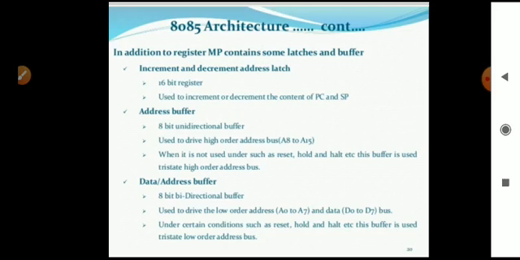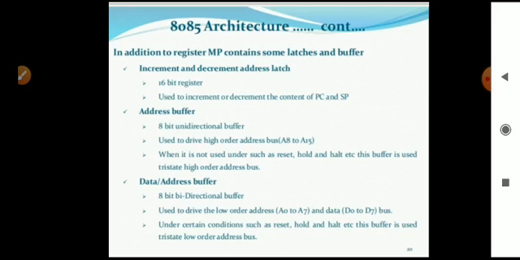Means whenever such a condition occurs, reset, hold and halt, the address buses are tri-stated, that is isolated from the processor. They are not connected to the processor.